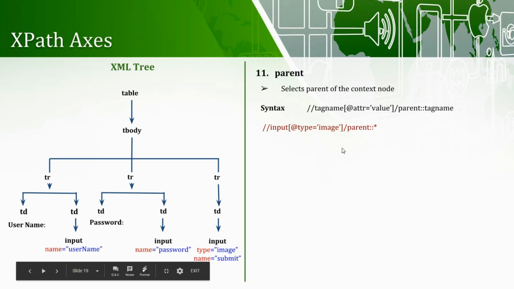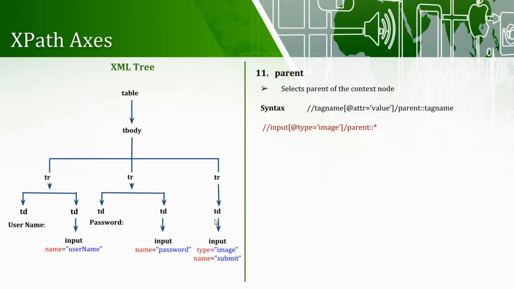Then I'm saying /parent. So the parent of this input is which node? It is a TD node, so this node will be your output. Now I'm saying asterisk. When you say star or asterisk, it means it will select any type of node. It doesn't matter if it is TD or TR or div or font, any type of node will be selected.